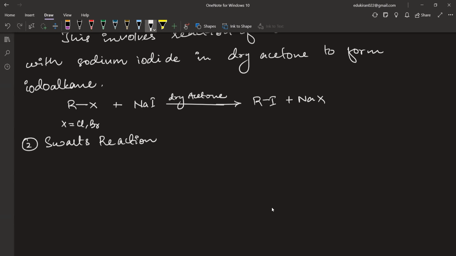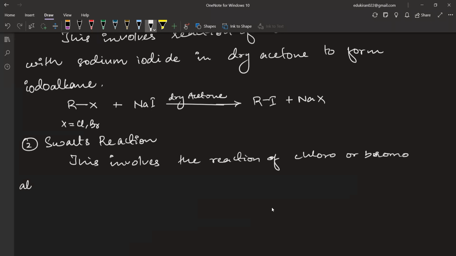This is again a name reaction. Swarts reaction, please write. This involves the reaction of again chloro or bromo alkane, so again RX in which X is chlorine or bromine, with metal fluorides to form fluoroalkane.